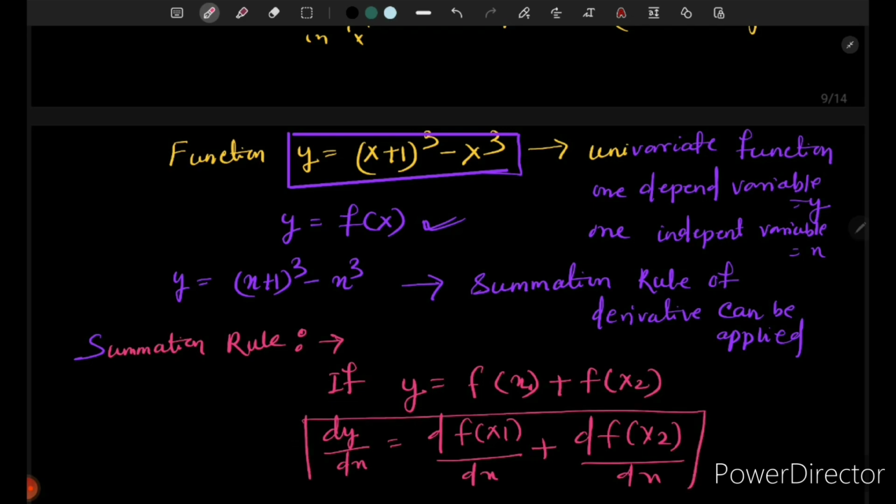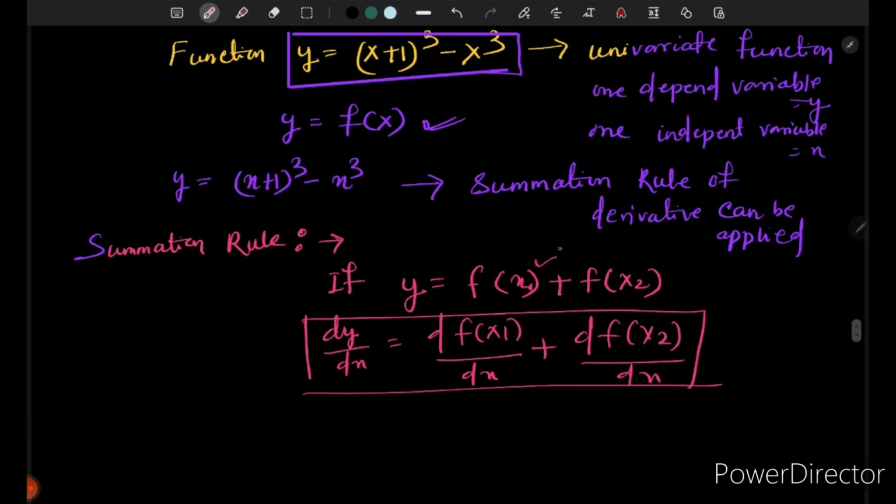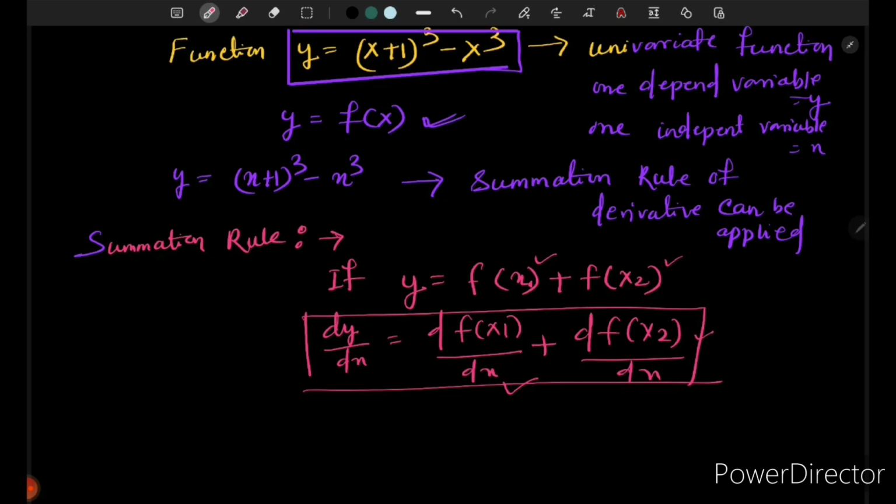So this is the summation rule of derivative.